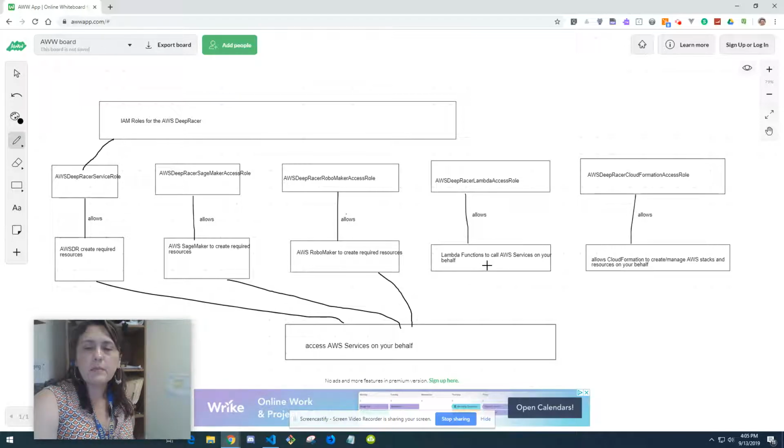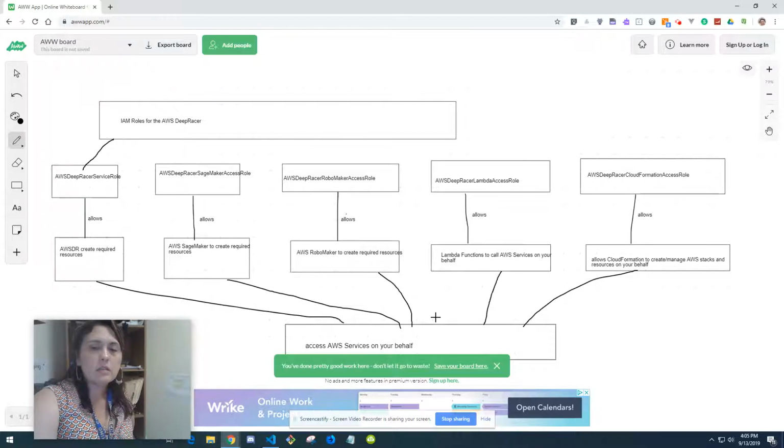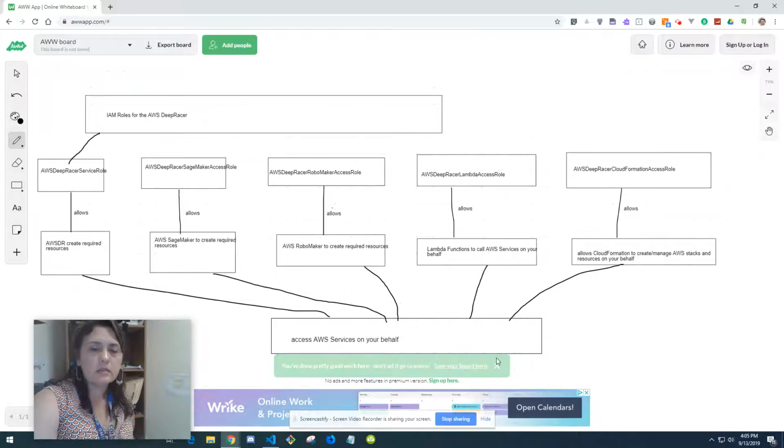DeepRacer allows Lambda functions just to call services on your behalf. And then the CloudFormation access role allows CloudFormation to create and manage AWS stacks and resources on your behalf. So let's note some of the commonalities between here.